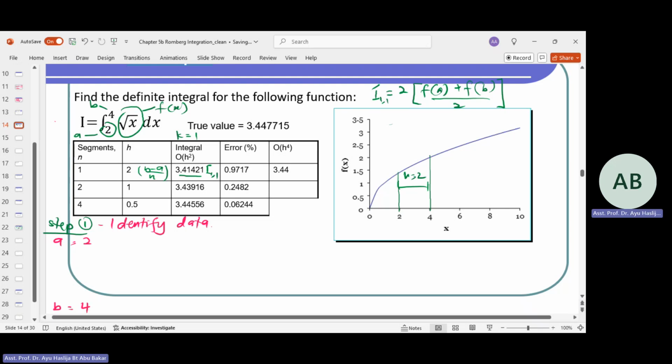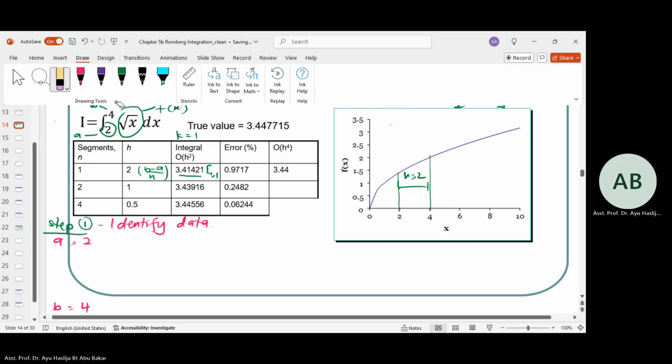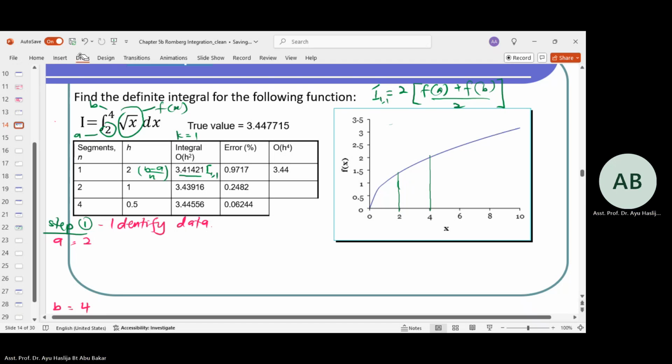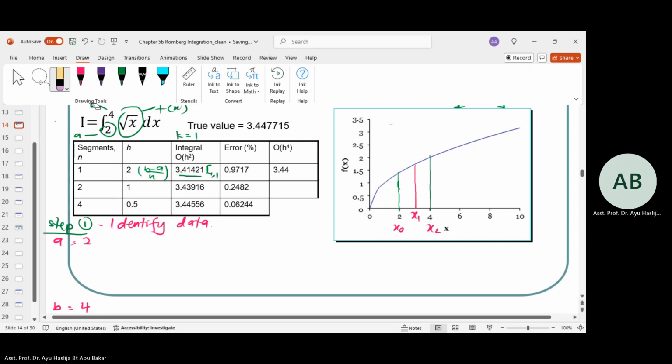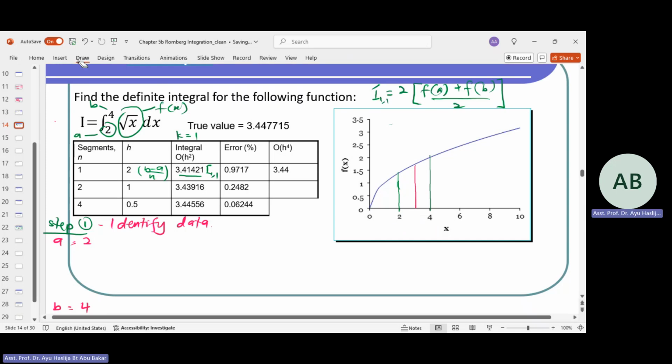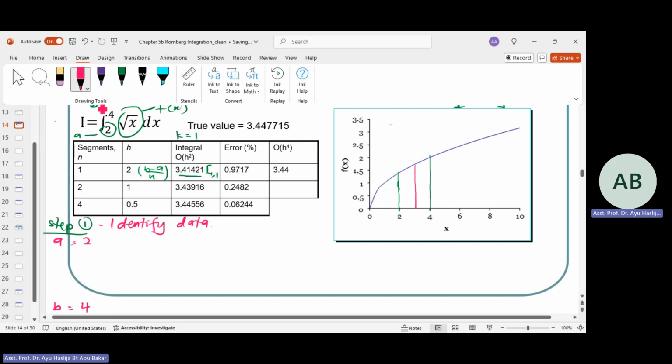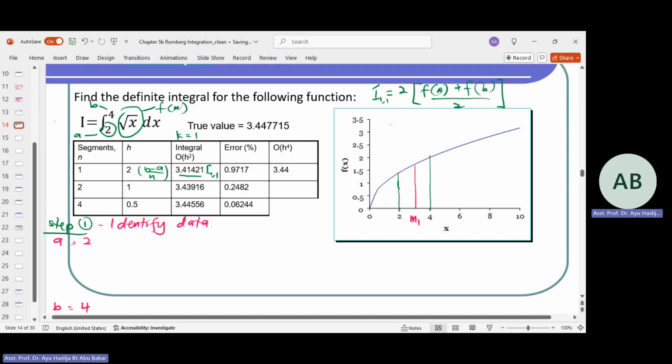Okay, but when you move down, when N equals 2, you will need another point, which is this. Now in the equation, if you have my previous slide, here I mentioned it as M1, middle point number 1.